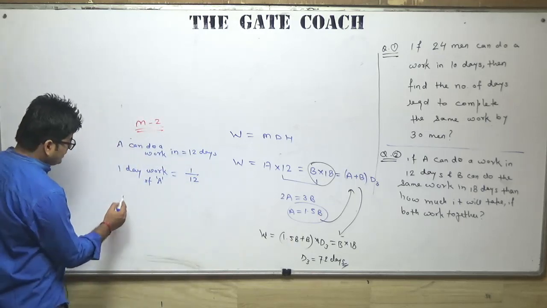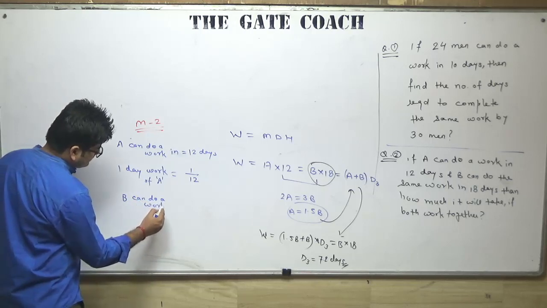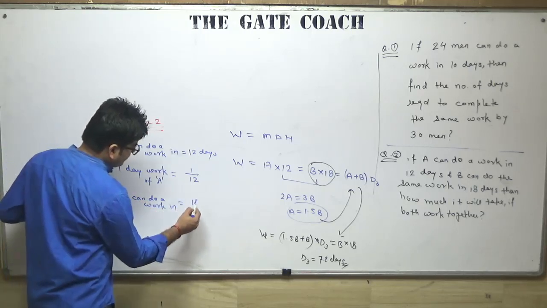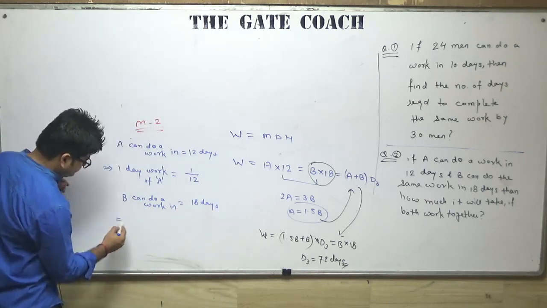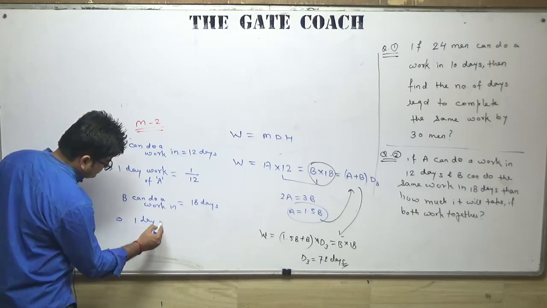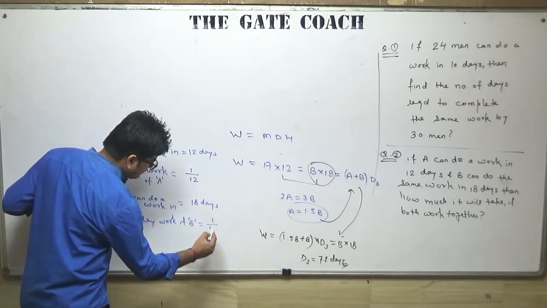B can do the same work in 18 days. So 1 day work of B will be 1/18.